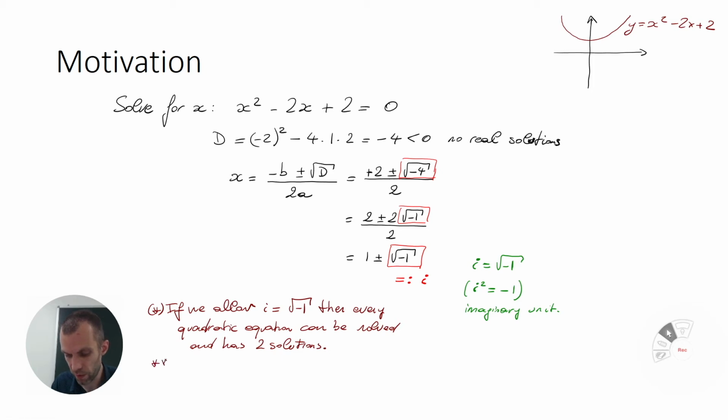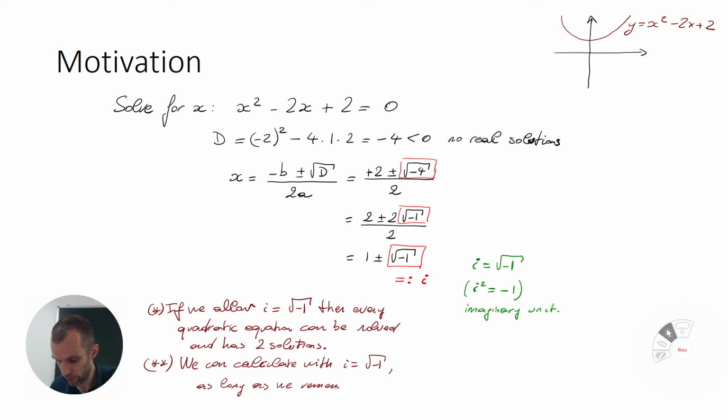And the second conclusion, which is maybe a bit harder, but we'll see that in the course of today, is we can calculate with i equal to the square root of minus 1, as long as we remember that i squared is minus 1.